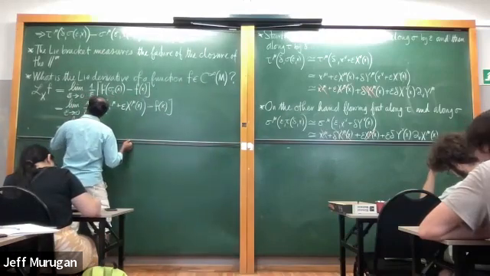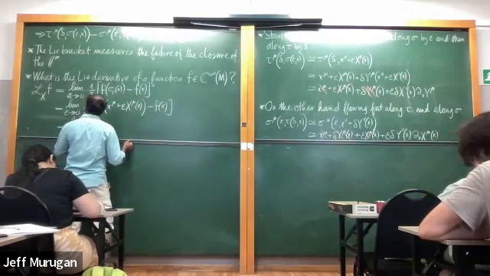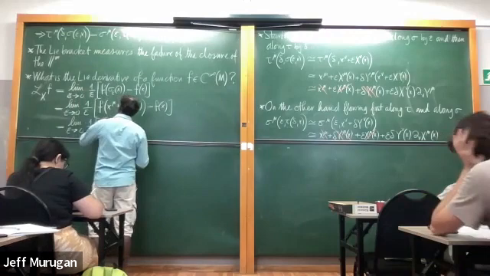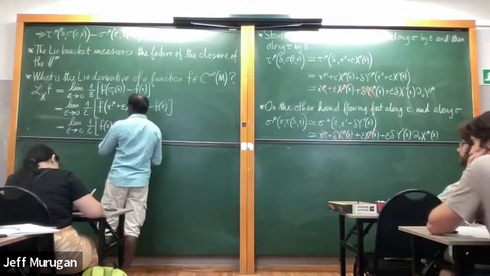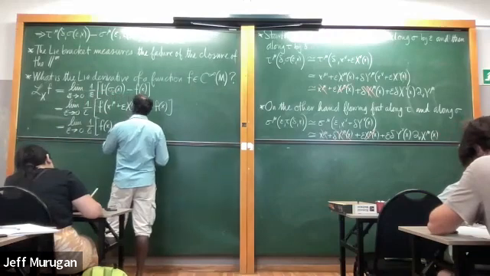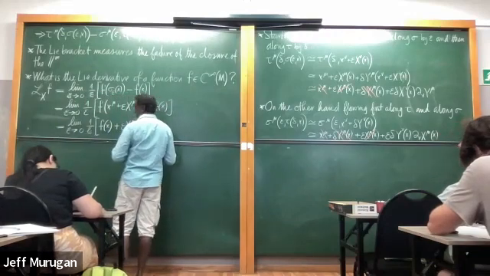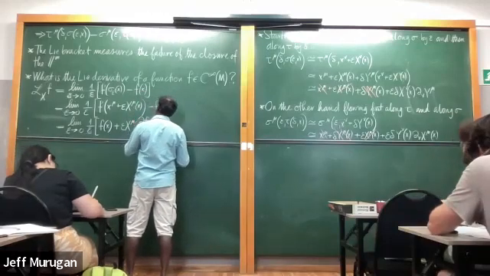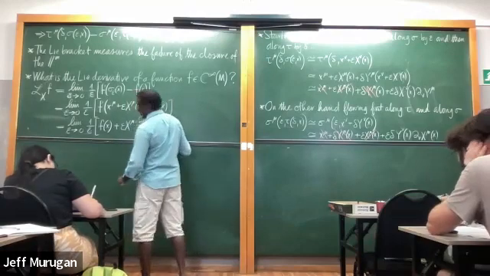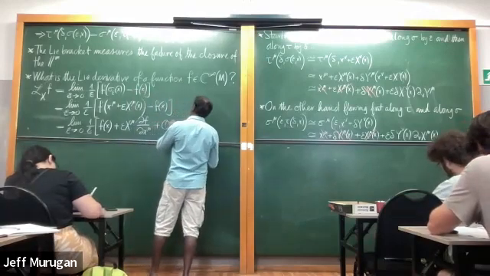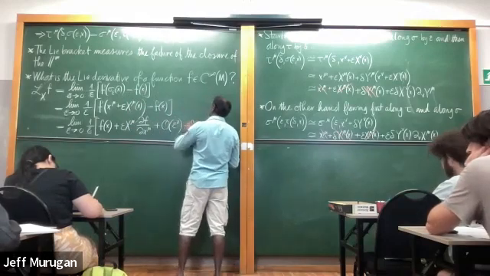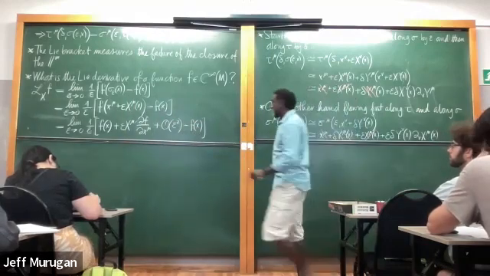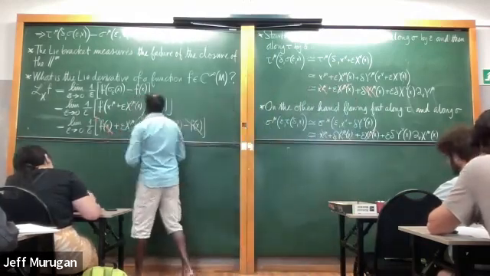So that's the limit as epsilon goes to 0, 1 over epsilon of f of x plus epsilon x mu d f by d x mu plus things that are order epsilon squared minus f of x.